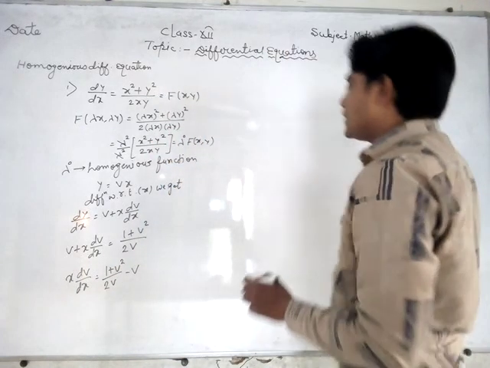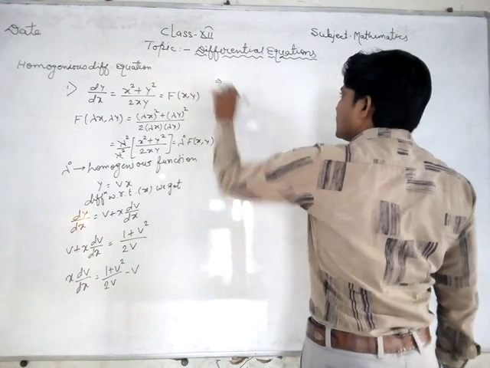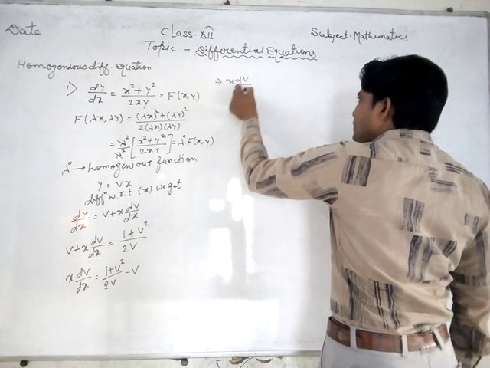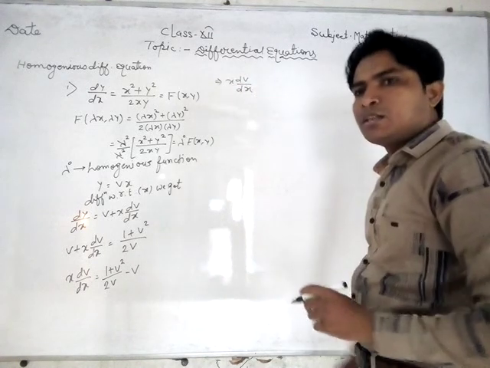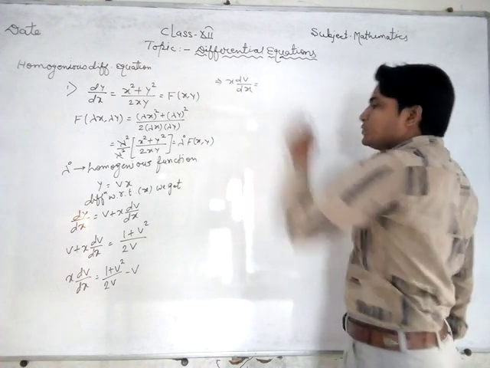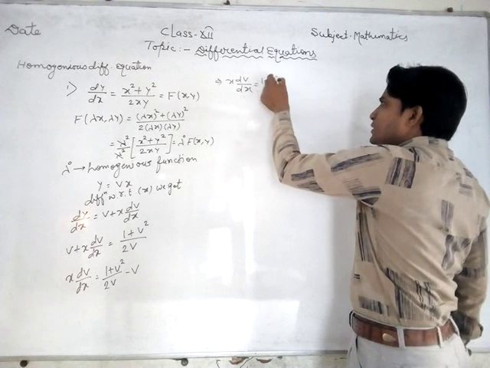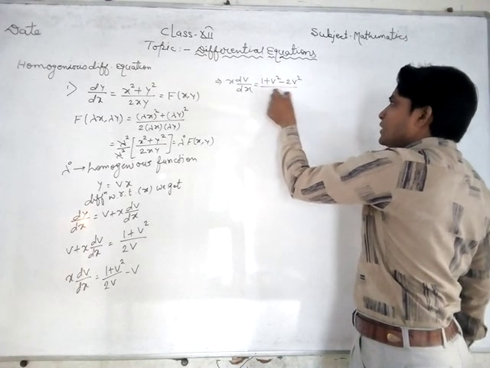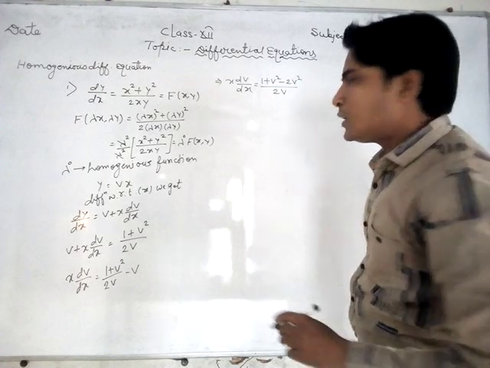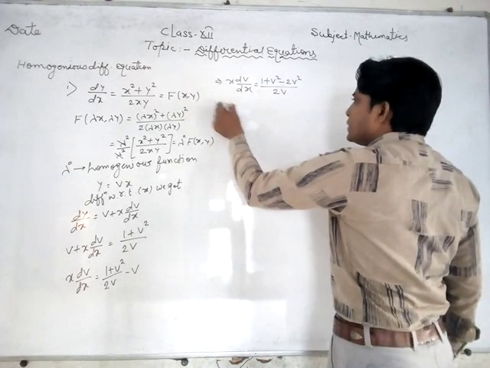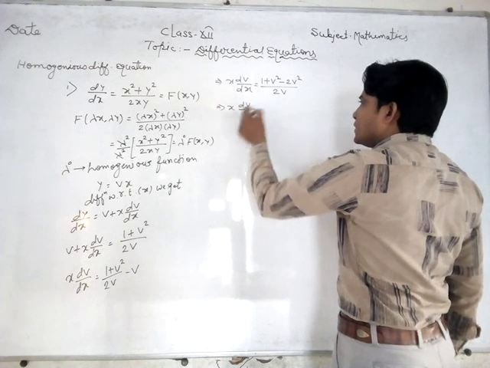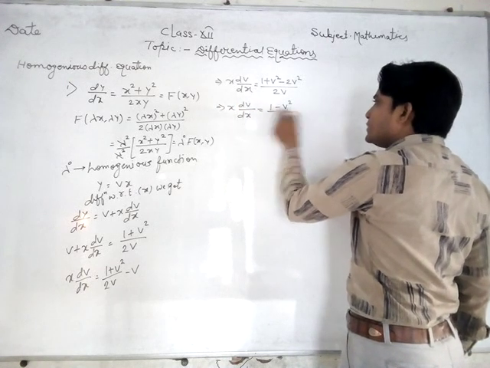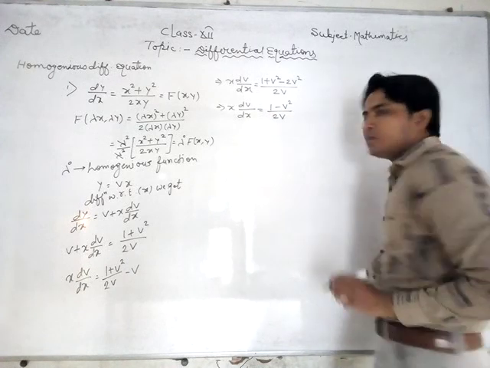After taking the LCM, x dv by dx equals 1 plus v square minus 2v square divided by 2v. Finally, x dv by dx equals 1 minus v square divided by 2v.